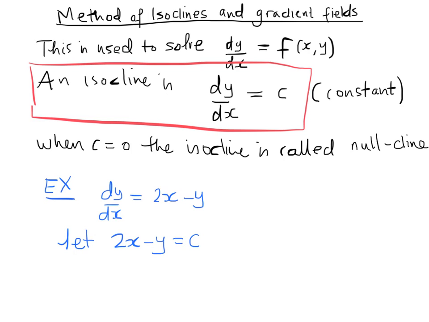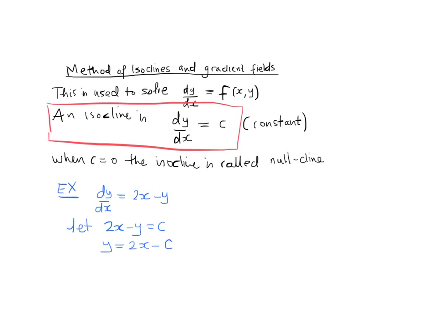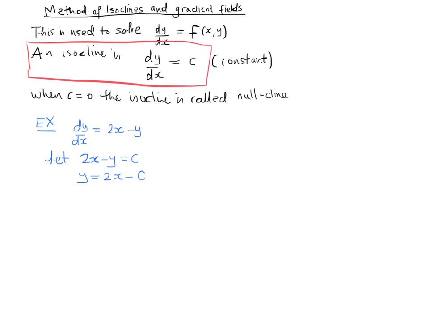So we're going to rearrange this now into something that's a bit more familiar. Happy with that? y equals 2x minus c. Right. So that's quite straightforward. So what we're going to do now is draw some axes and we're going to first draw the nullcline.